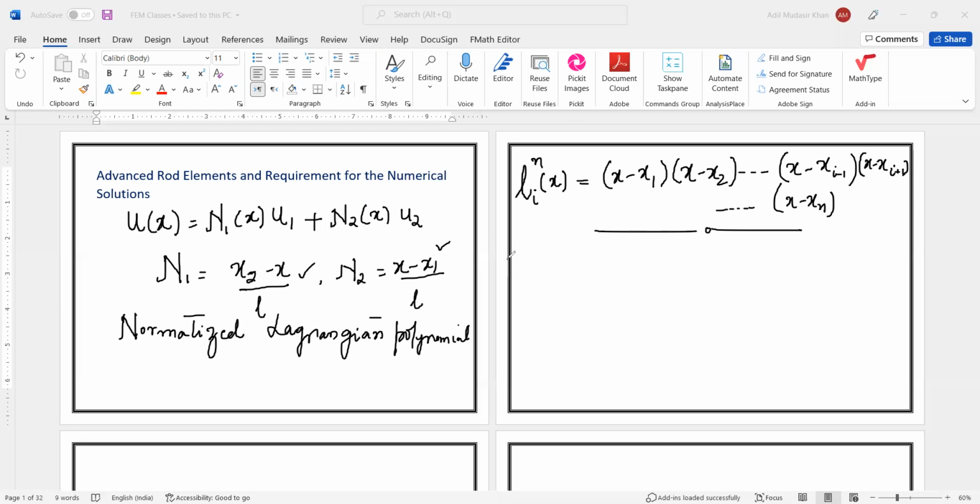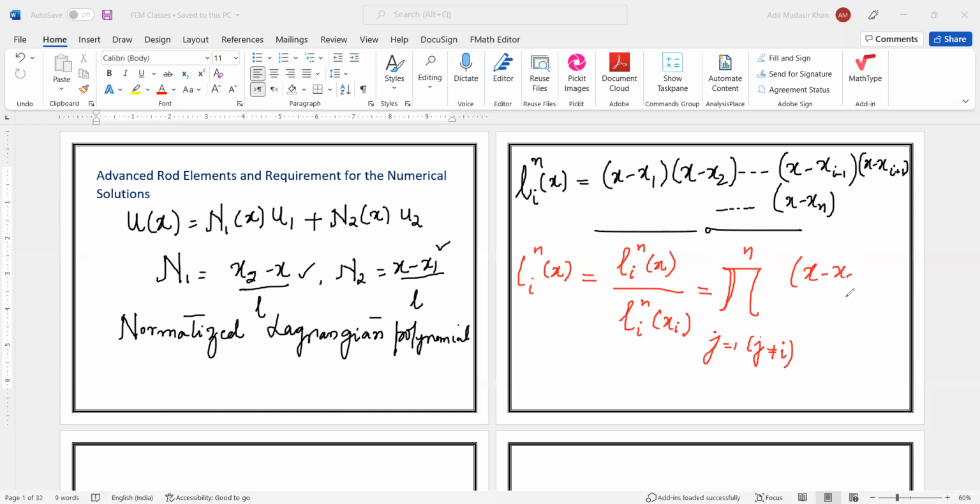Now, if we normalize this Lagrangian polynomial, then its normalized form we'll write slightly like this: Li normalized, the Lagrangian polynomial as a function of x, can be written as Lin as a function of x divided by Lin at xi, and that is further written, in terms of the product notation, as the product over j going from 1 to n, where j is not equal to i, of (x minus xj) over (xi minus xj).